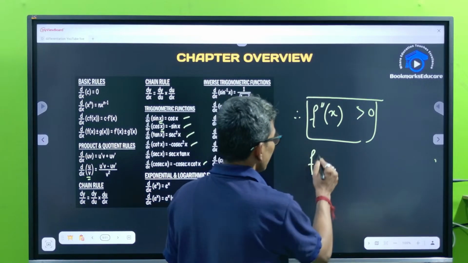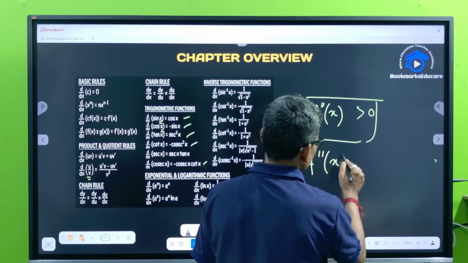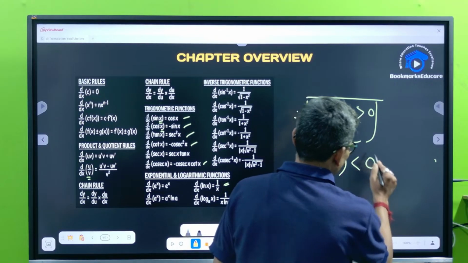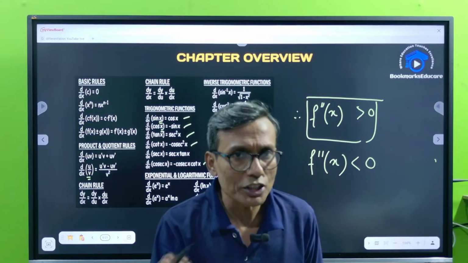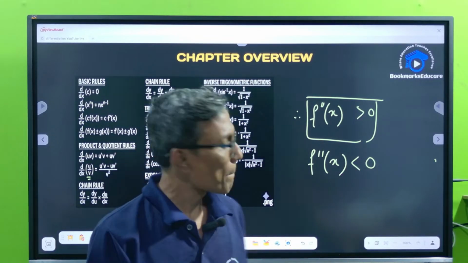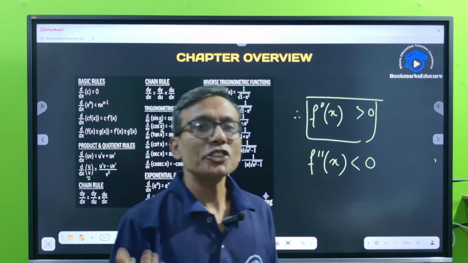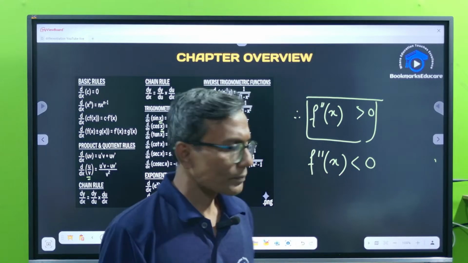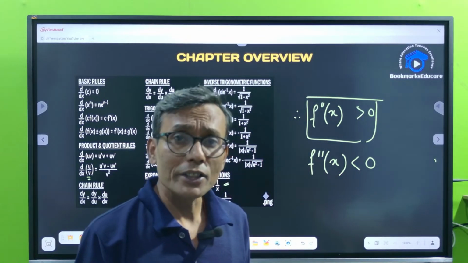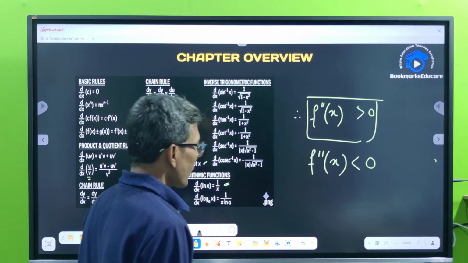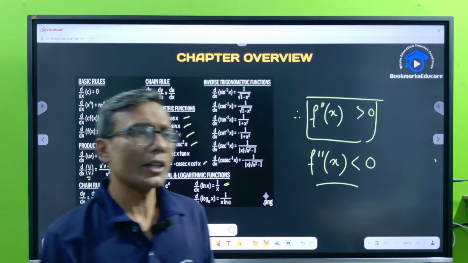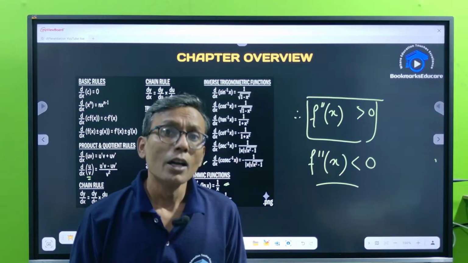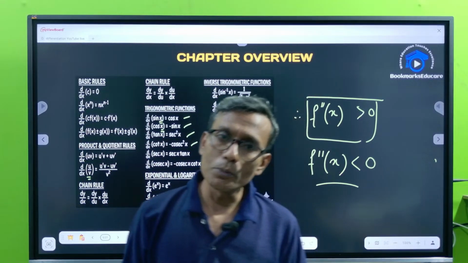If f double dash x is less than 0, then the graph of the function is opening downward, or concave down. Second order derivatives are used to find the local maximum or minimum value.